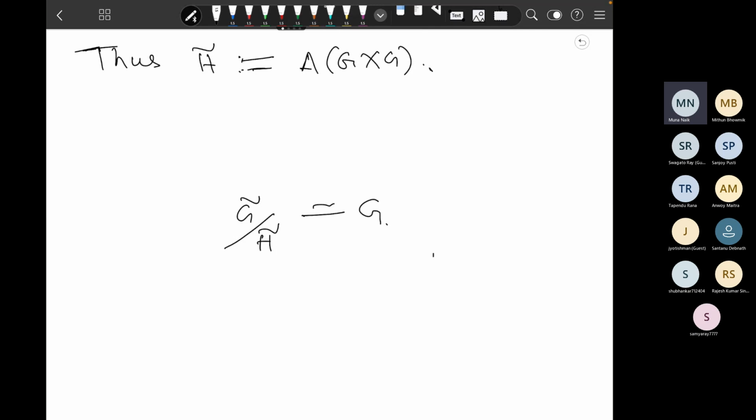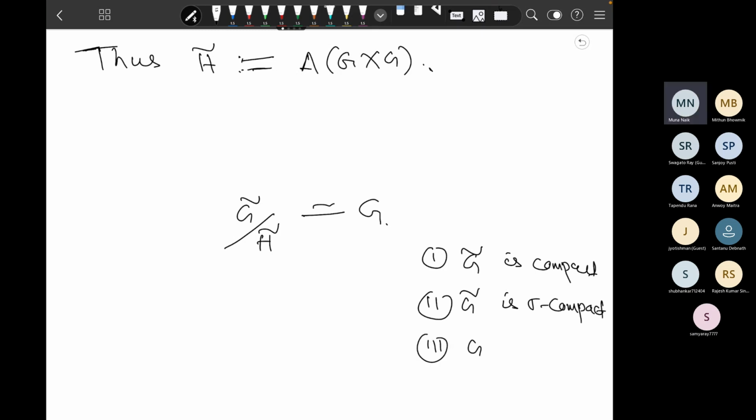But I told you that there are three conditions when this happens: if G tilde is compact, or G tilde is sigma compact, or G tilde is second countable. In these three conditions, you can say that this diffeomorphism happens.